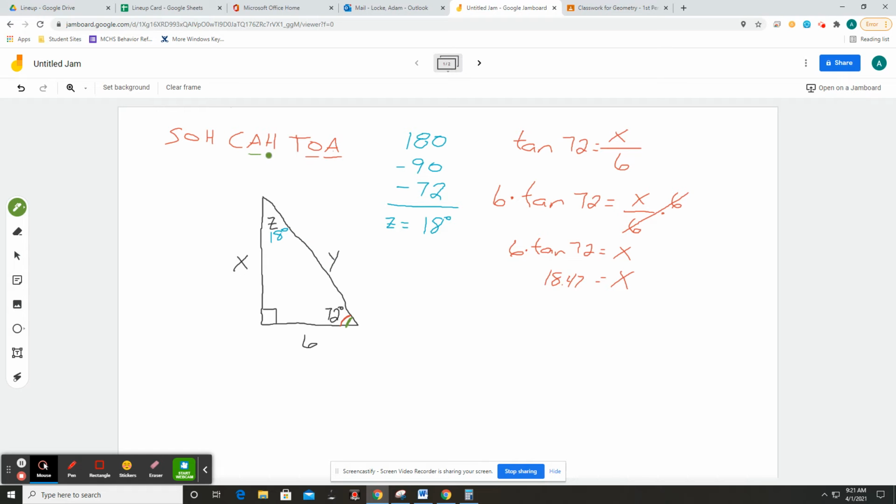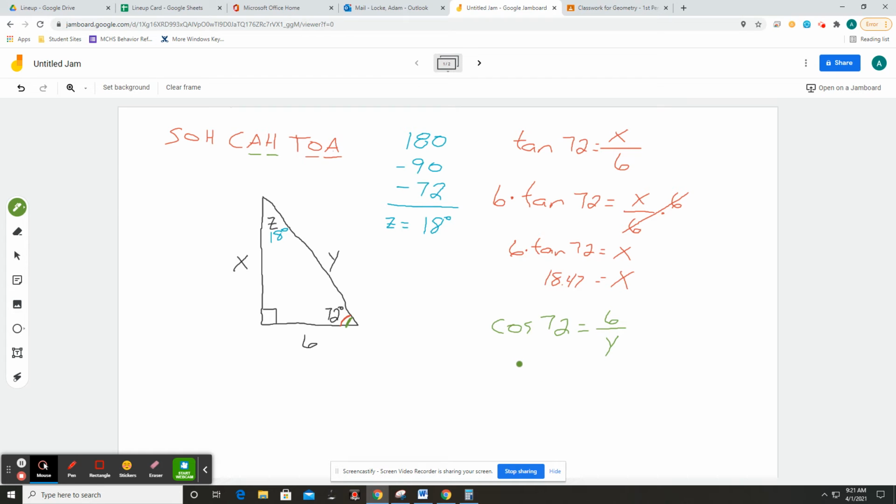So for this one, I'm going to use adjacent and hypotenuse, which is cosine. So the cosine of 72 is going to be equal to the adjacent divided by the hypotenuse. The adjacent side is 6. We're looking for the hypotenuse, which is labeled with y.